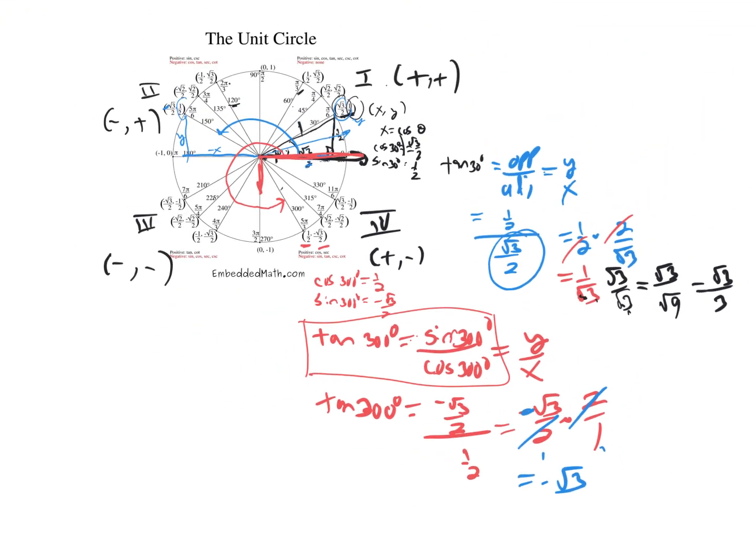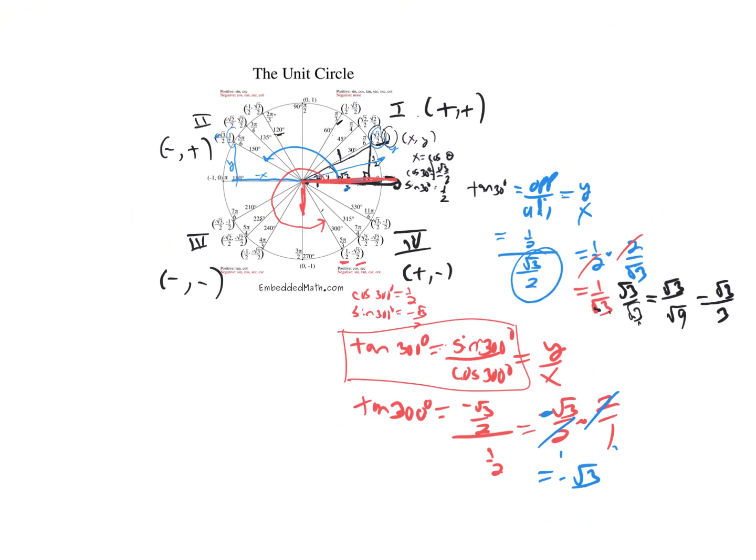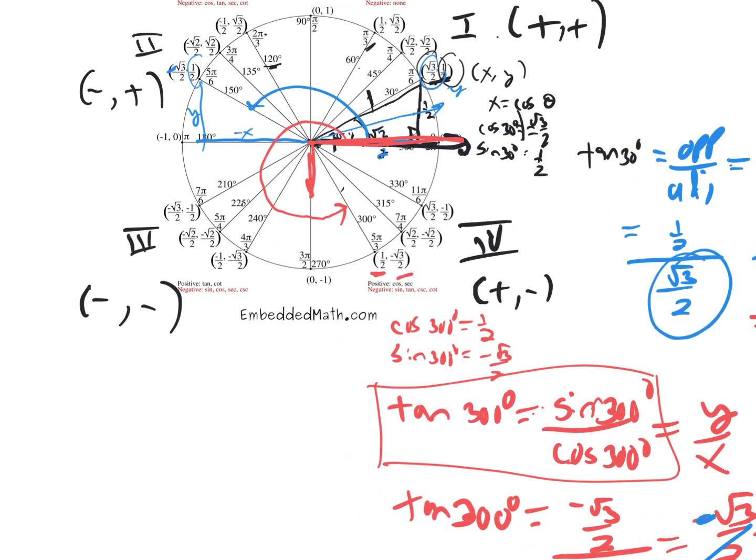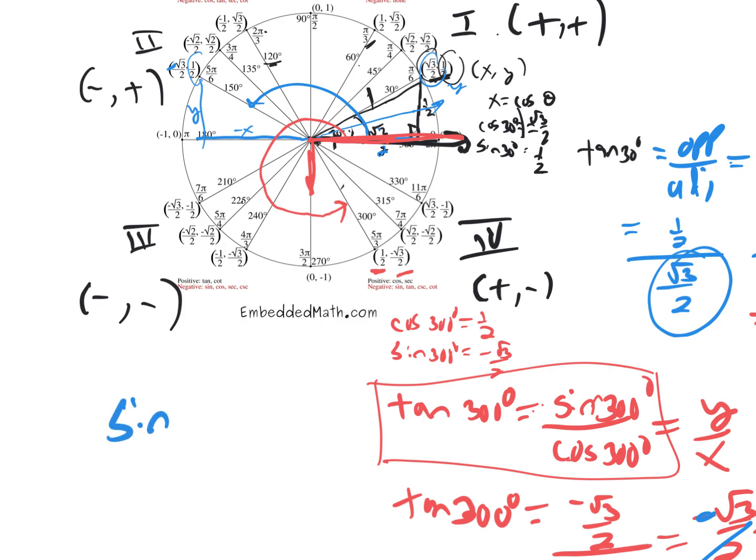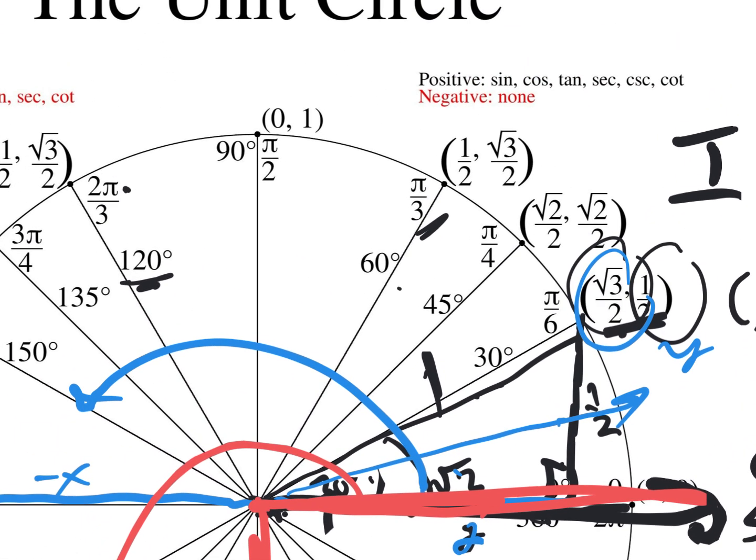Okay, now you have had a look at all different angles from all over the place. I didn't do sine of 90. But sine of 90, if you go up there, you'll see there's the ordered pair. Has to be the y. It's a 1.